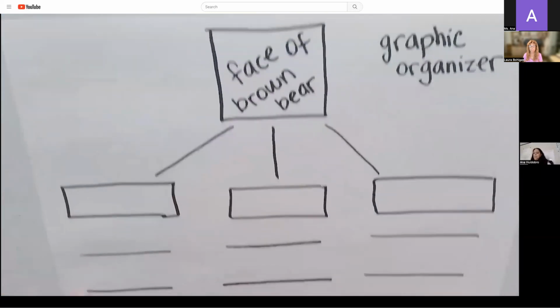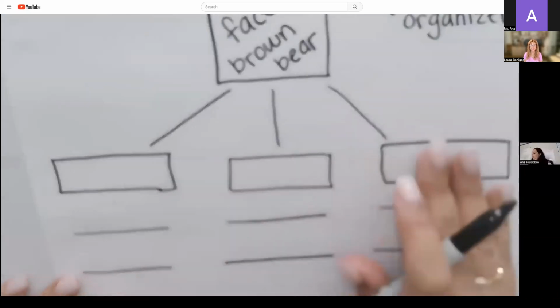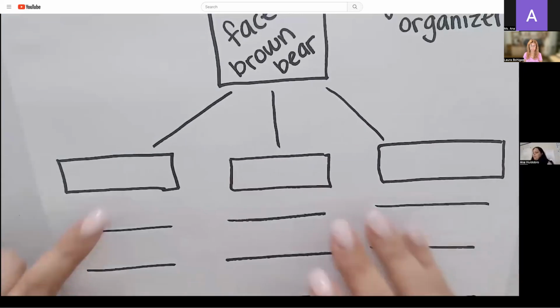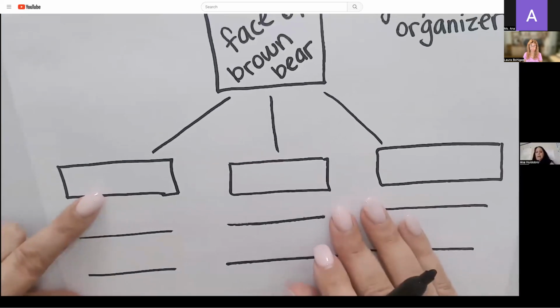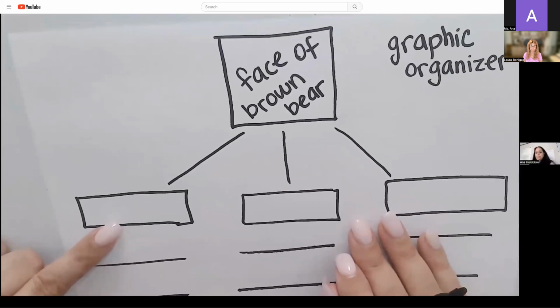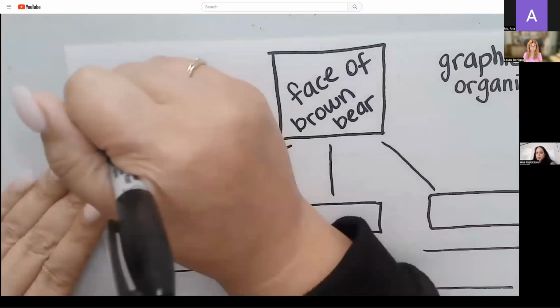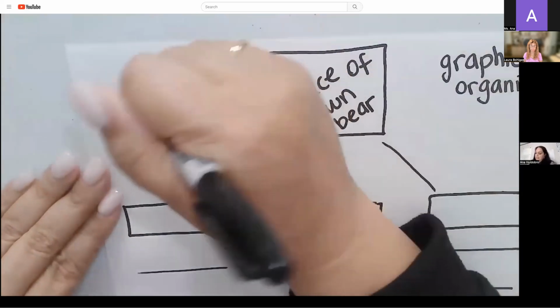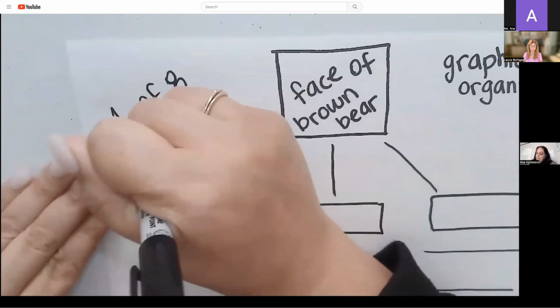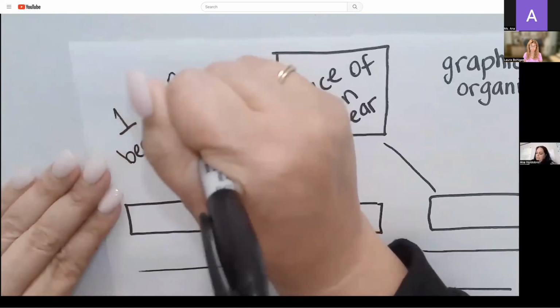So that's awesome. Here we have 3 different rectangles, and those 3 different rectangles are going to represent things about brown bears. Now, in case you didn't know, brown bears are one of 8 bear species, so different types of bears, right?